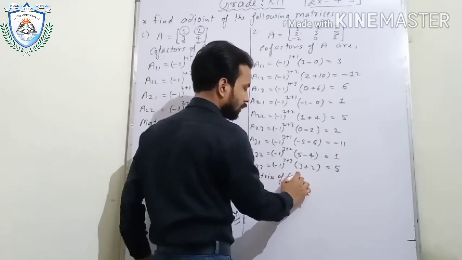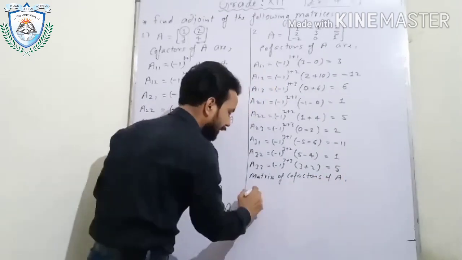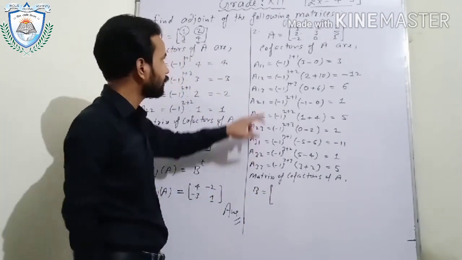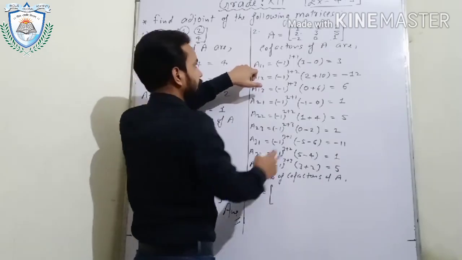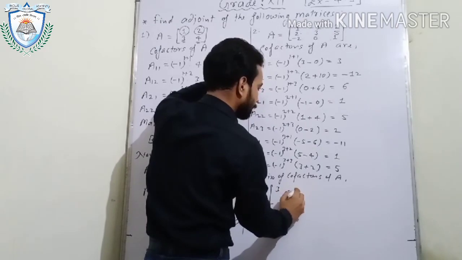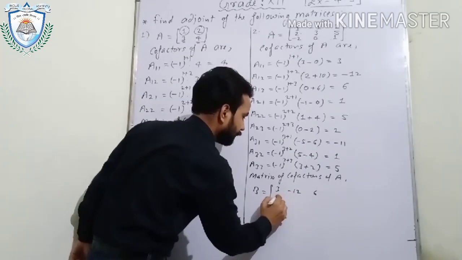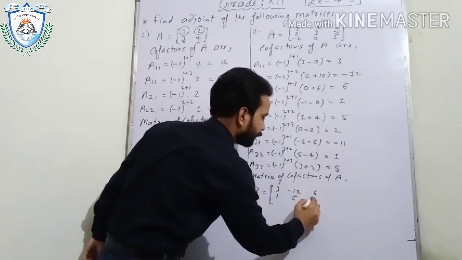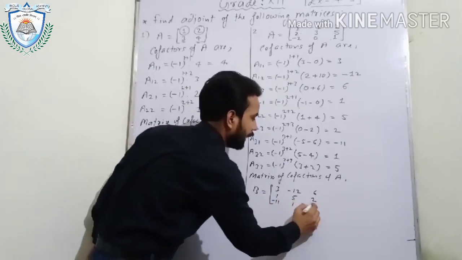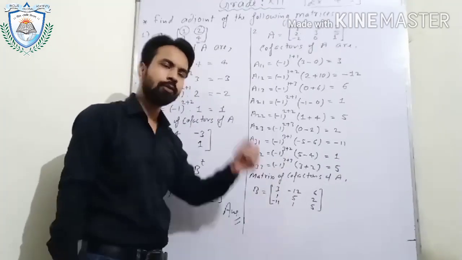This matrix is denoted as B. So the very first element of this cofactors matrix is 3, then minus 12, then 6, then 1, 5, 2, then minus 11, 1, and then 5. Clear? This is the matrix of cofactors of A.